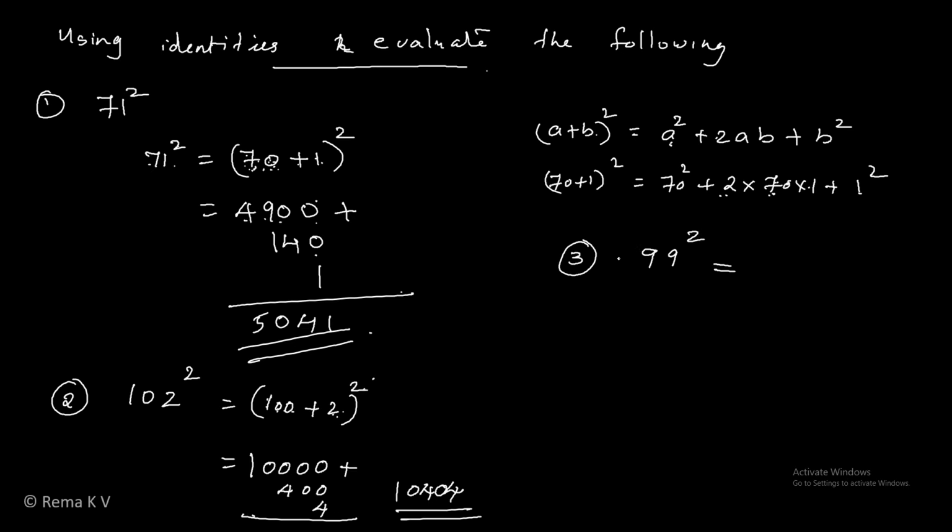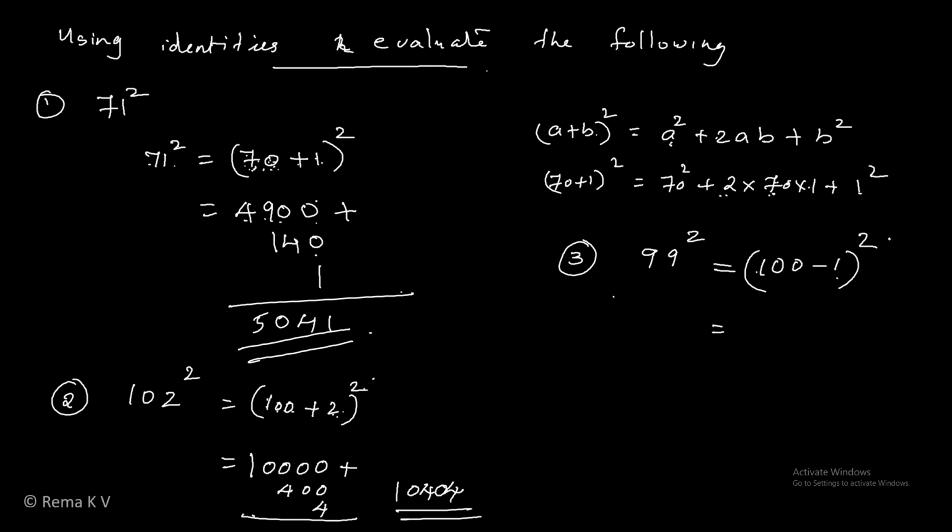Is 99 closer to 90 or 100? So how can you write 99 in terms of 100? 100 minus 1, or you can write this as 90 plus 9 also. So here this is equal to 100 minus 1 the whole square.